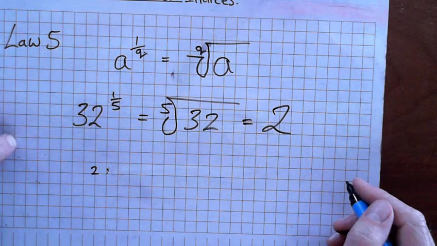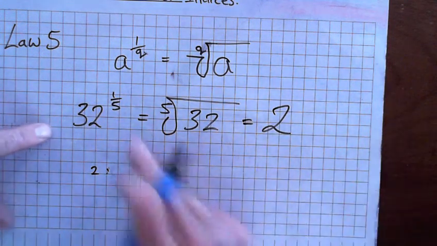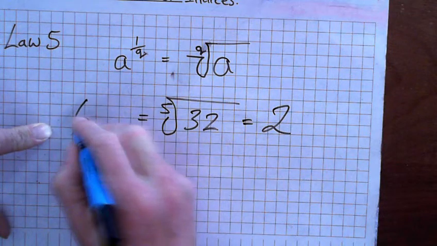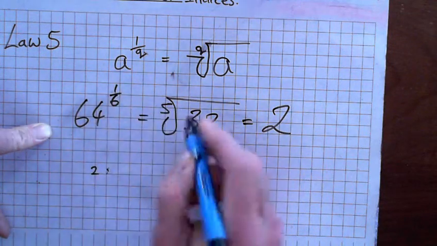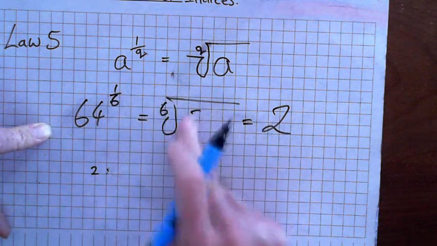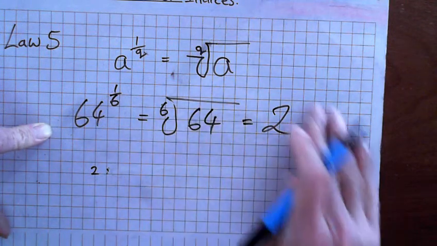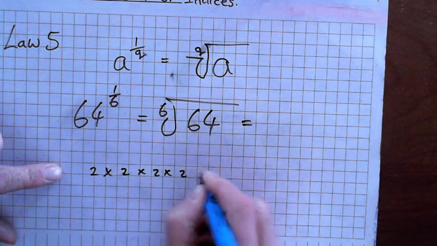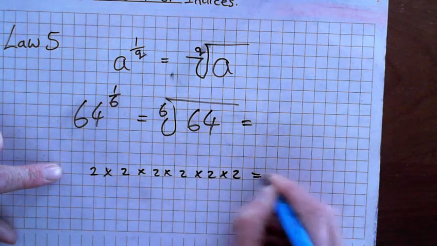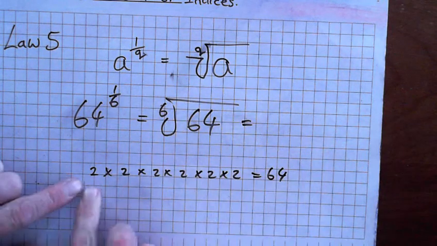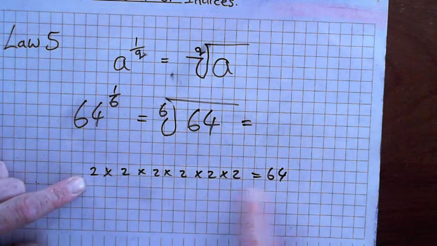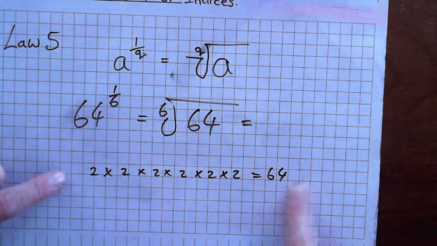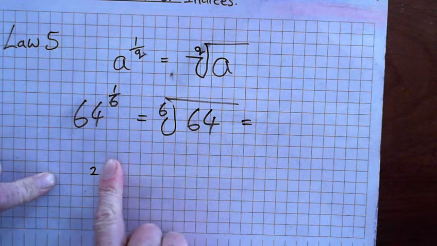Okay. And we could go on. What's 64? What's the sixth root? Well, it's 2 again. It takes six 2's multiplied by each other to get 64. The sixth root is 2.